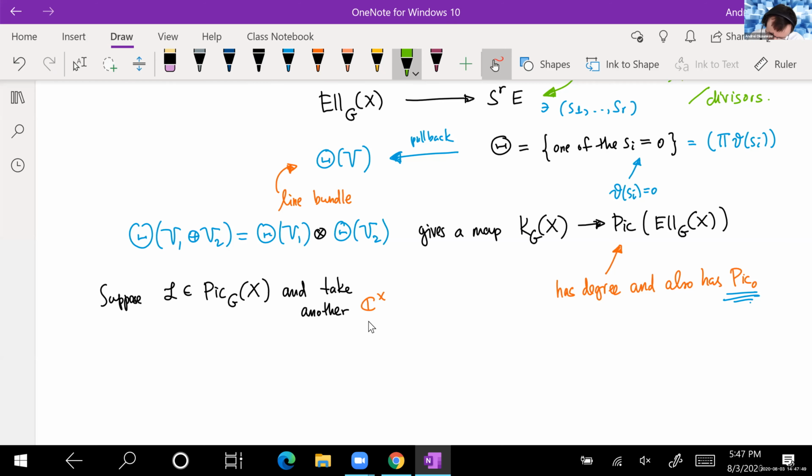Maybe it has coordinate Z, just some other copy.